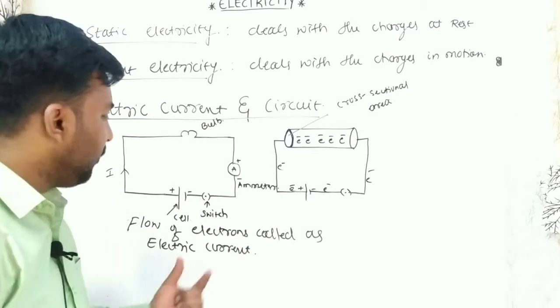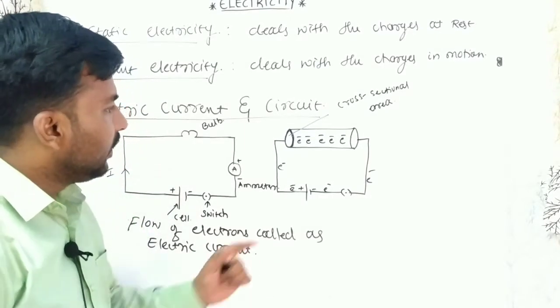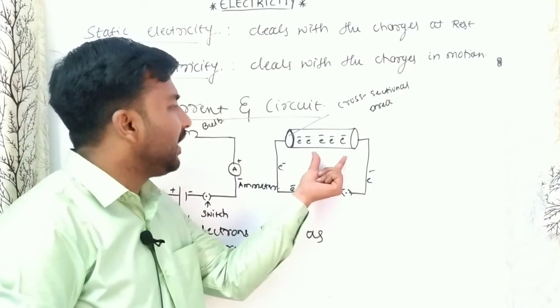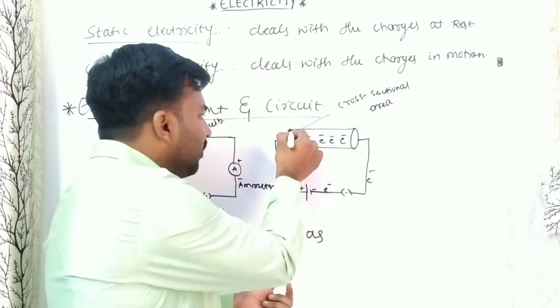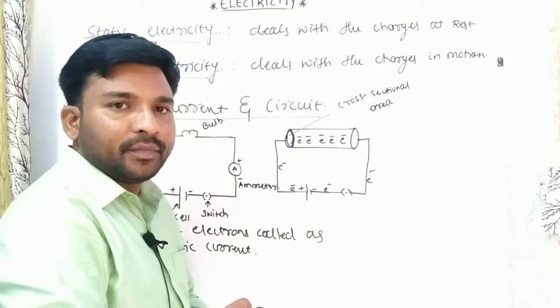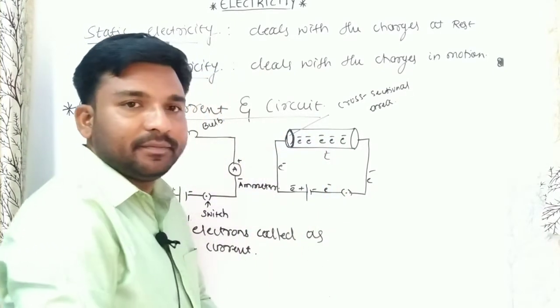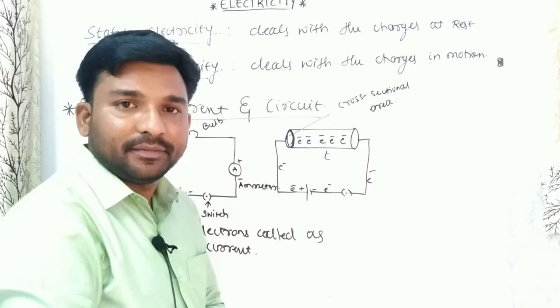In simple words, flow of electron is called electric current. Now look here, the quantity of charges is passing through this cross sectional area of a conductor in time t. It is called electric current.